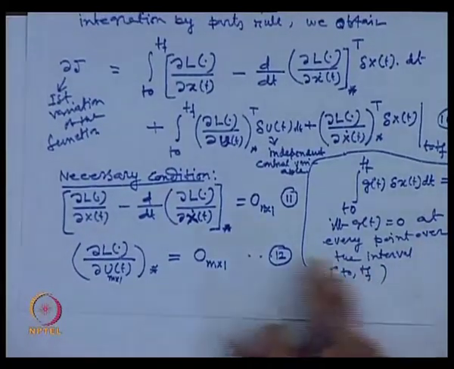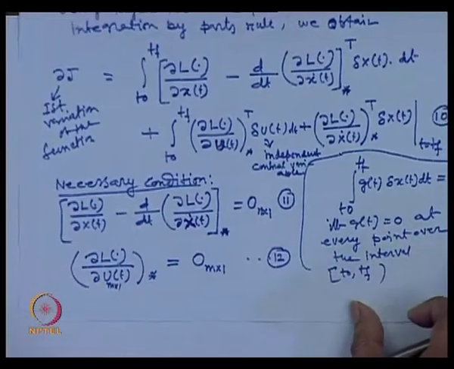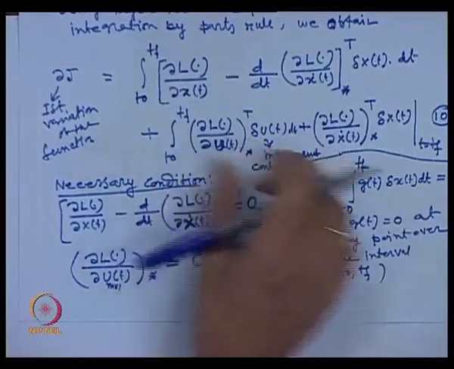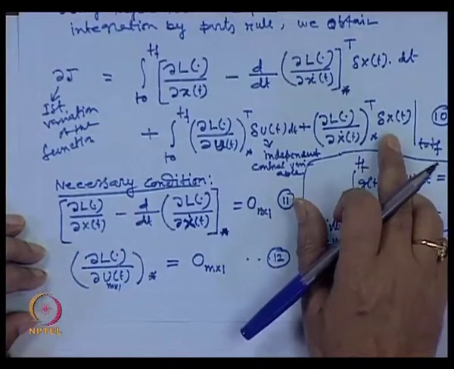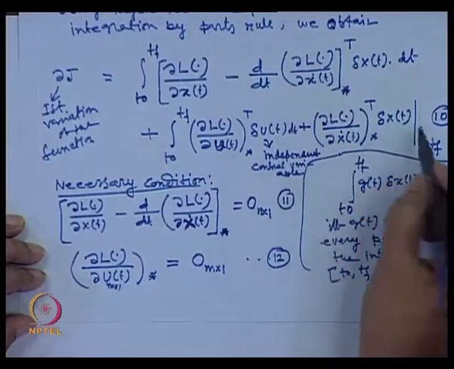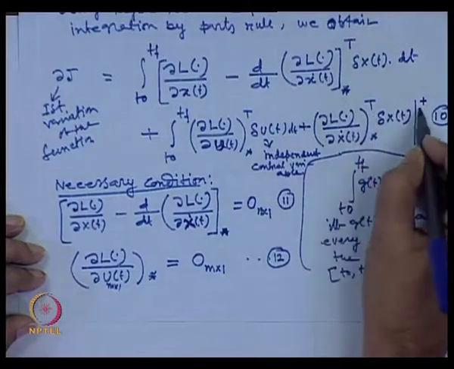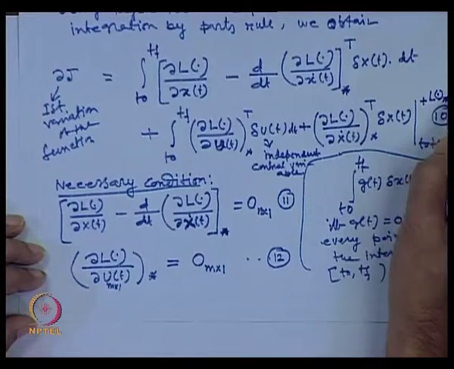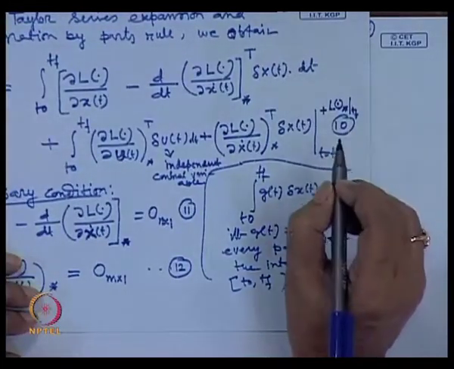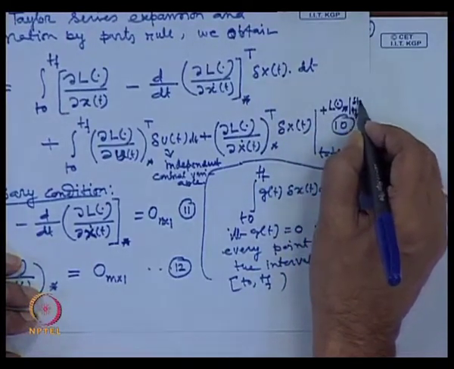So, we have got two necessary conditions. This is 0, this is 0, and only one term is left with us, plus L dot star at T is equal to T f, the L dot star by T f into delta T f.